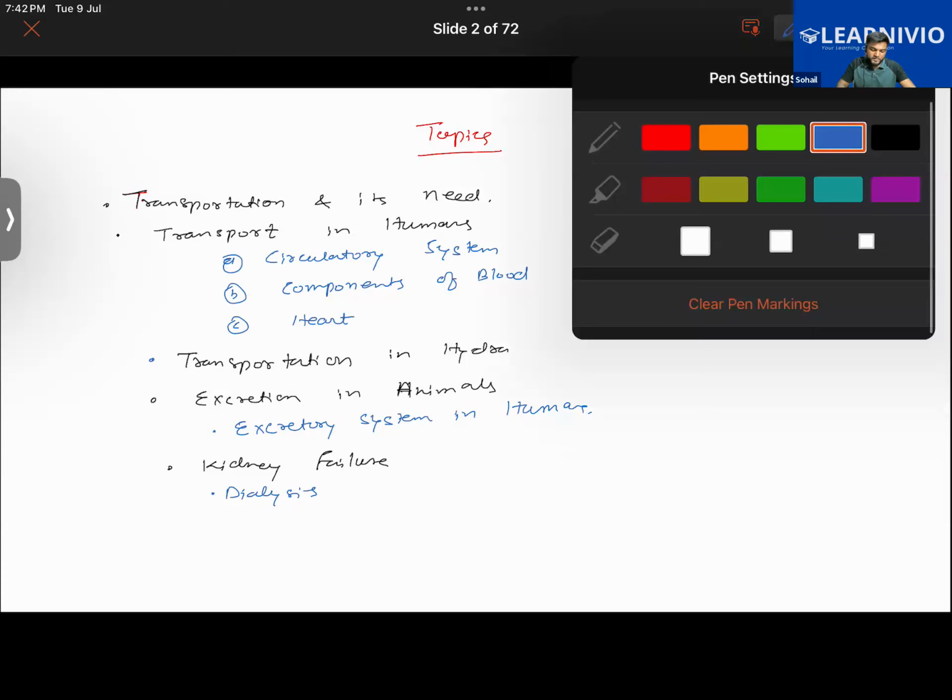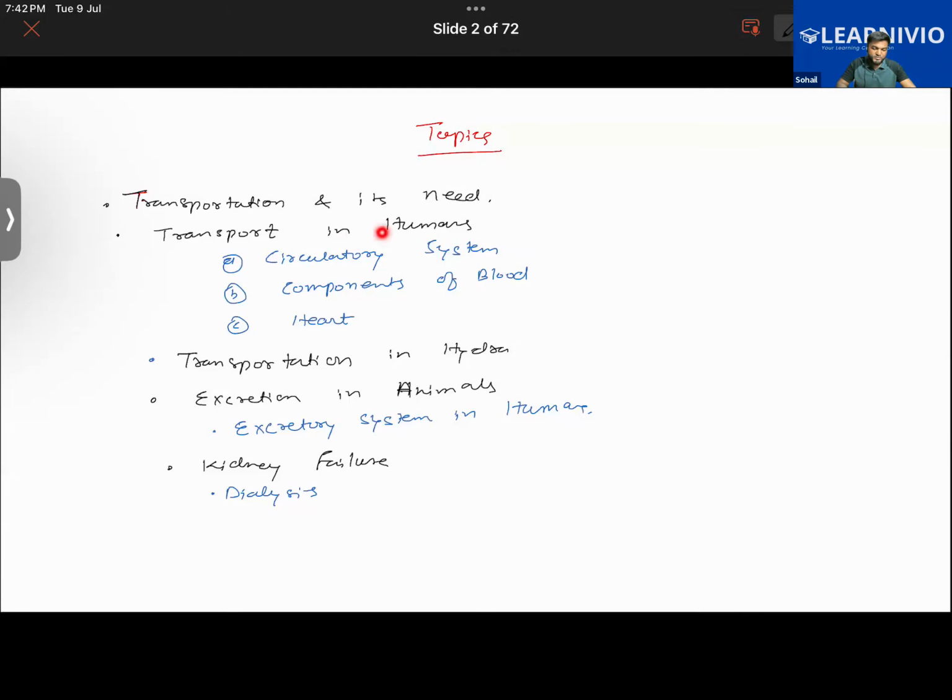Okay. So far we have seen the transportation in animals. All these are talking about transportation in animals. Later on, we'll be talking about transportation in plants.